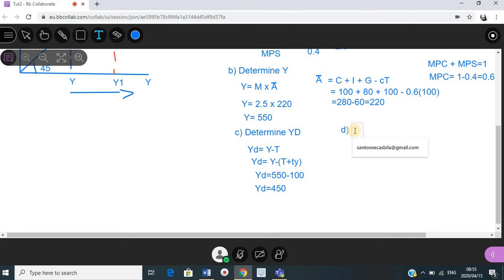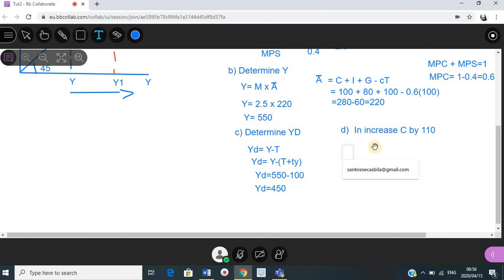In this case, it's an increase by. That means we're just going to add it to what we had first. So instead of autonomous consumption being 100, it's going to be 210, an increase of C by 110. Very good.